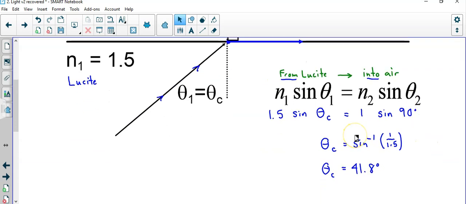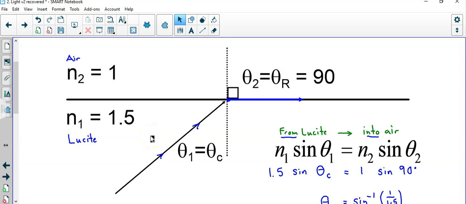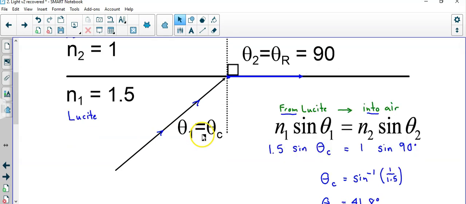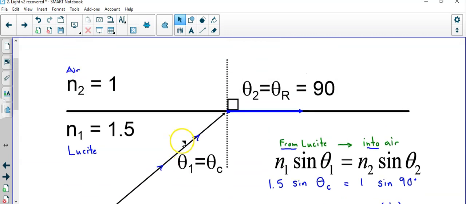When I do the mathematics, 1.5 sine theta c equals 1 times the sine of 90. The sine of 90 is 1. So I then solve, dividing by 1.5, taking the arc sine, and I get 41.8 degrees. Therefore, the critical angle in an air-lucite boundary is 41.8 degrees.